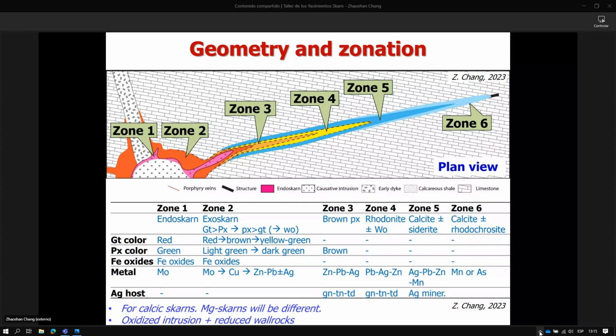So that's the different zones of the skarn system tied up with the geometry. Wrapping around, we only have zone 1 and zone 2. If you look at the mineralogy, the zoning goes from here to there, but in 3D it is more distal.